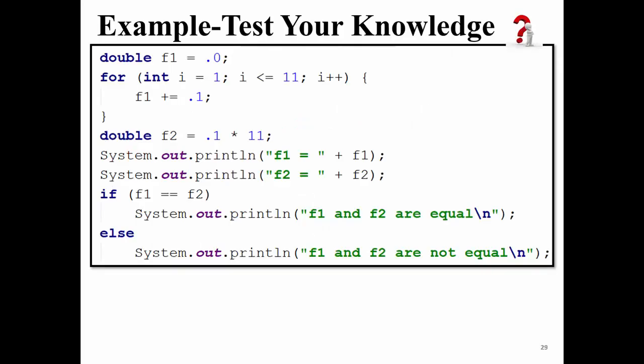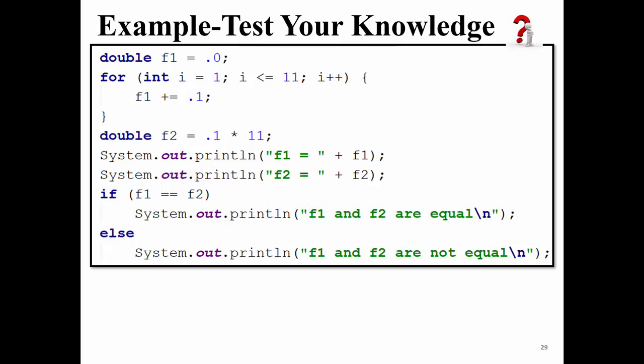This is an example to demonstrate the fact that I discussed, that a computer will not represent a real number exactly as is. These are two approaches to find a value. First, f1 starts with 0. We initialize f1 as a double with 0. Then we go through the for loop and we add 0.1, how many times? 11 times.